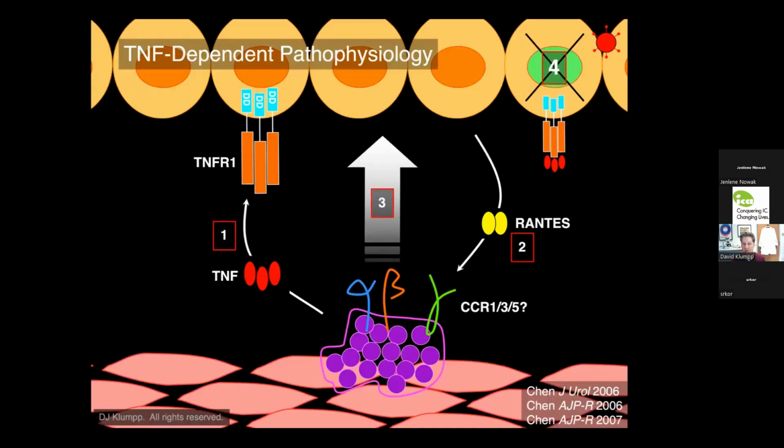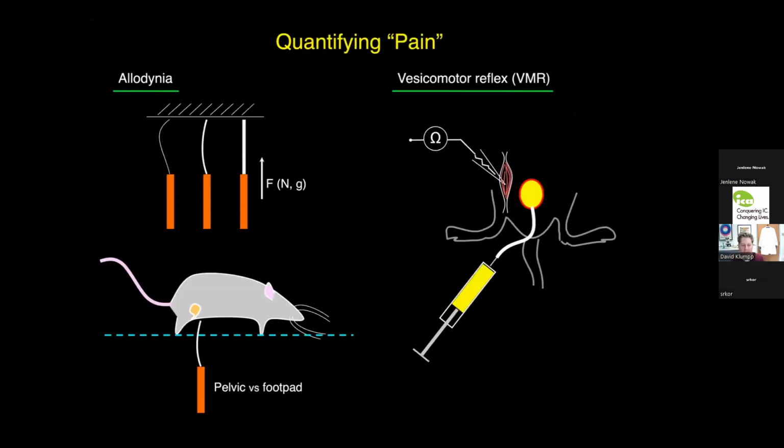Well, my first graduate student did a lot of work on TNF, and he was looking at mast cells and how they traffic, and actually showed that it was mast cells producing a little tickle of TNF and then more TNF as they migrated toward the urothelium, and that caused the dying of cells in the bladder wall, like I showed you in that very opening fluorescence micrograph. All right. Now, that was before we started working on pain.